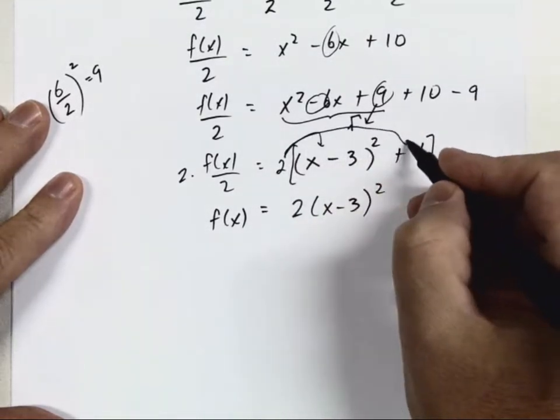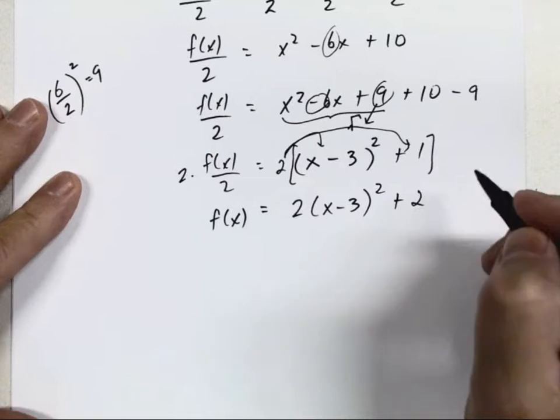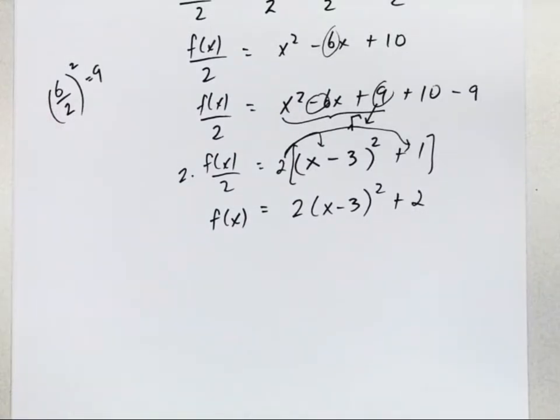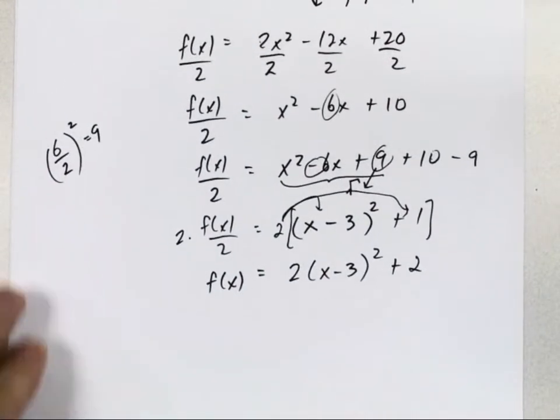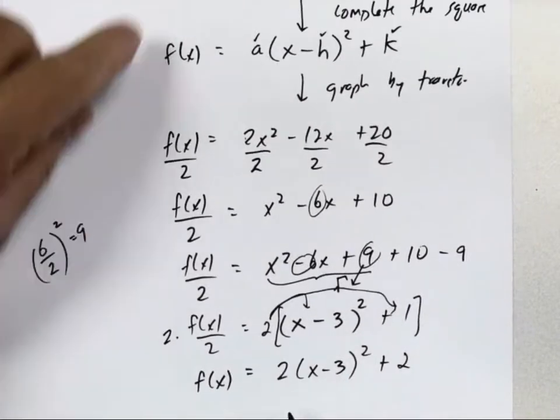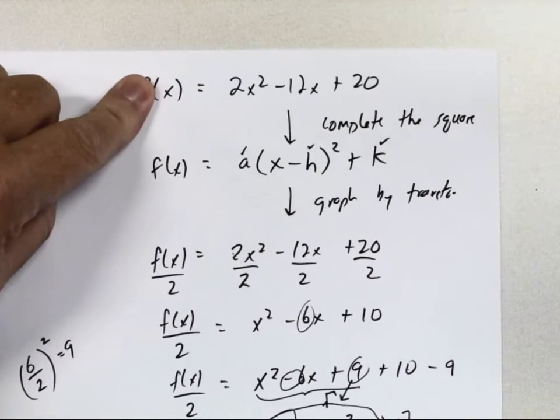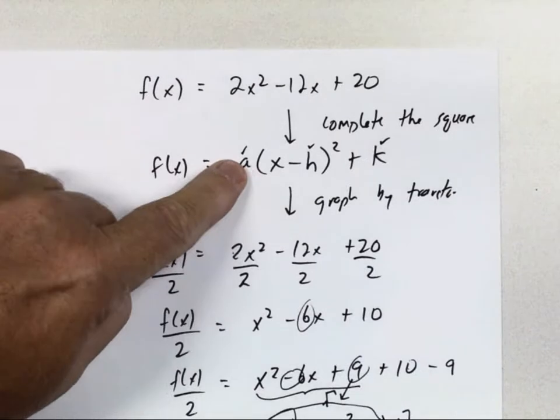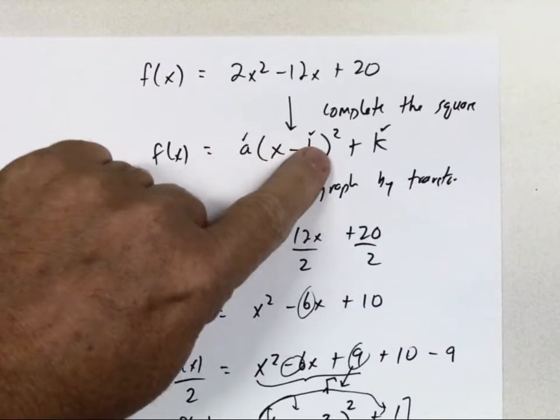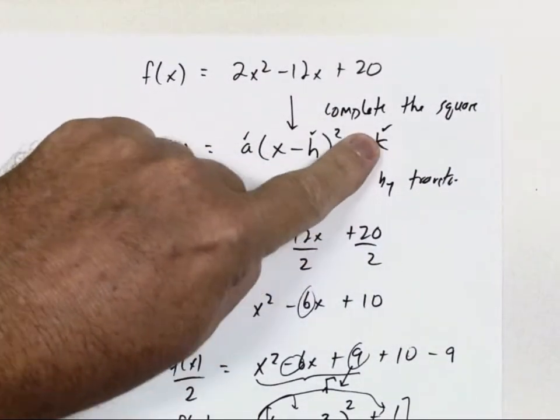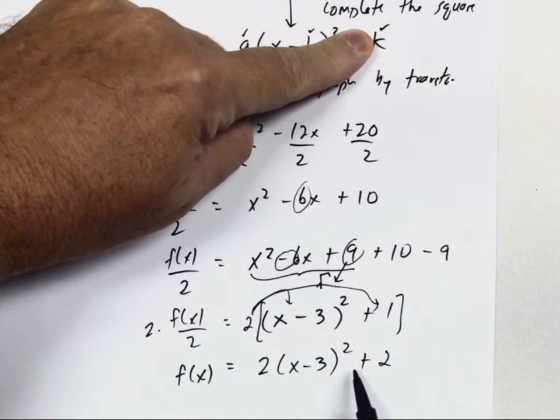And then 2 times 1 is plus 2. And now I've accomplished my goal, because here's the equation I started with. My goal was to rearrange it to have parentheses squared and this stuff here. And that's what I've done.